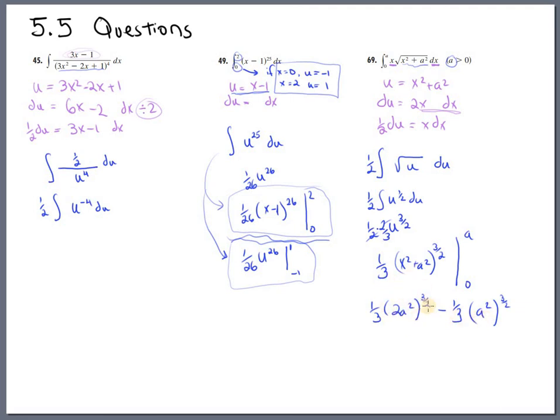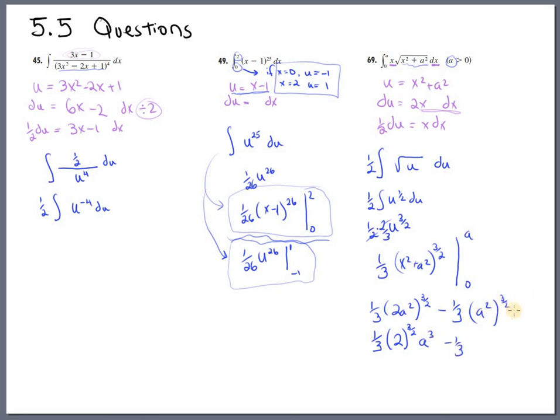You can clean up the exponents just a little bit here. I actually don't know what form the back of the book uses. So I'm distributing the 3 halves to the 2 and the 3 halves to the a squared. Multiply the exponents, the 2's cancel. And same thing here.